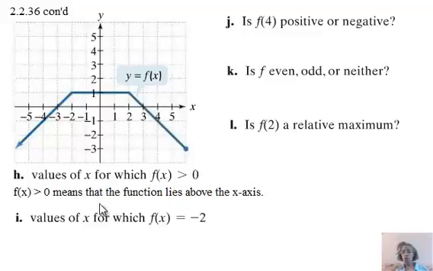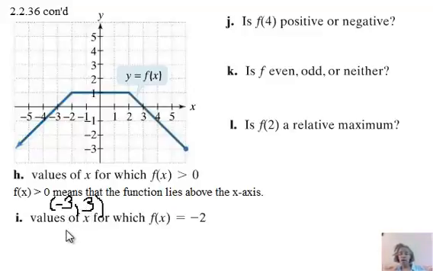So we see that anything between negative 3 and 3, the function's value is positive. And notice we didn't include negative 3 and 3 because, as we talked about earlier, f of negative 3 is 0, and 0 is not positive, and f of 3 is 0, which again is not positive.